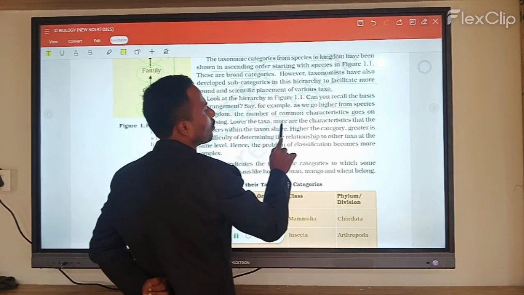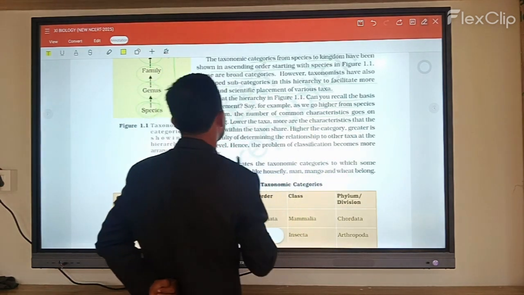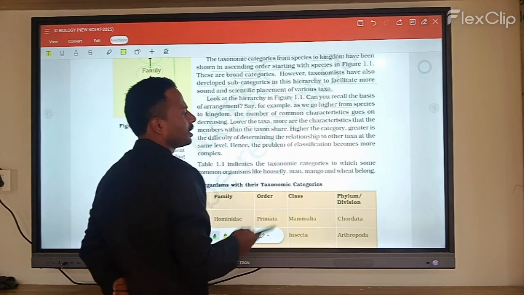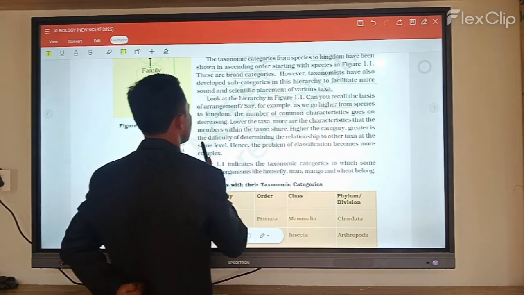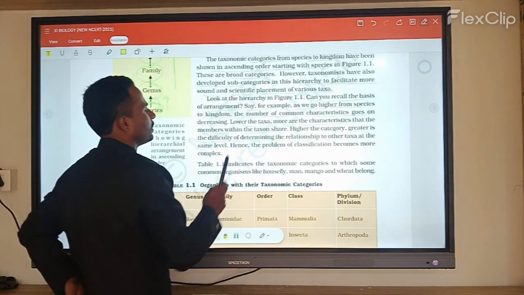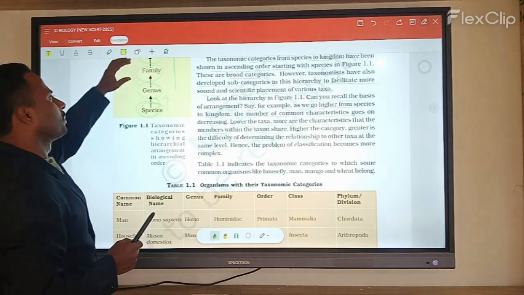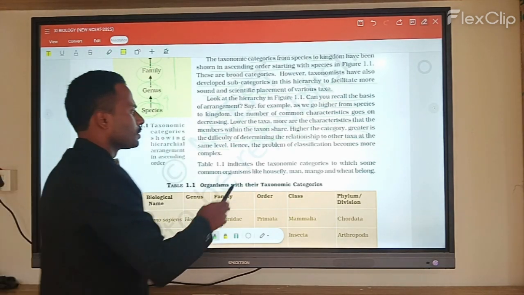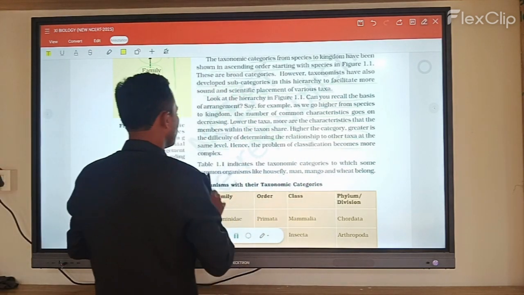The lower the taxa, the more are the characteristics the members share. The higher the category, the greater is the difficulty in determining the relationship of taxa of the same level. So the different taxa levels we keep in different groups here. In this problem classification becomes more complex.